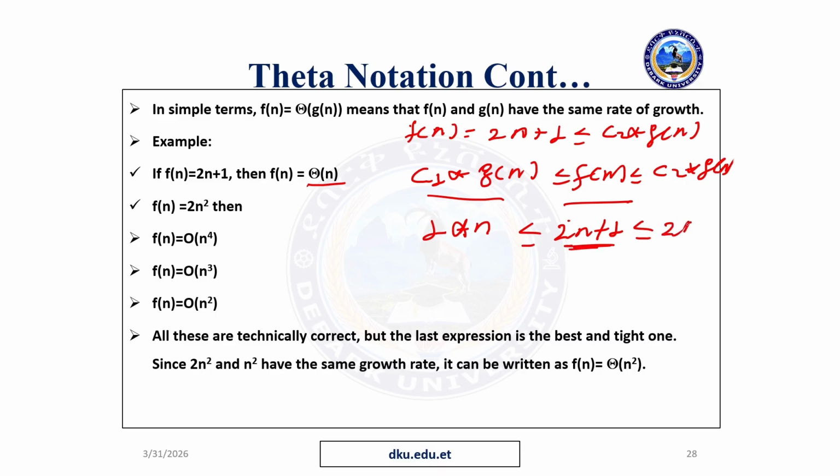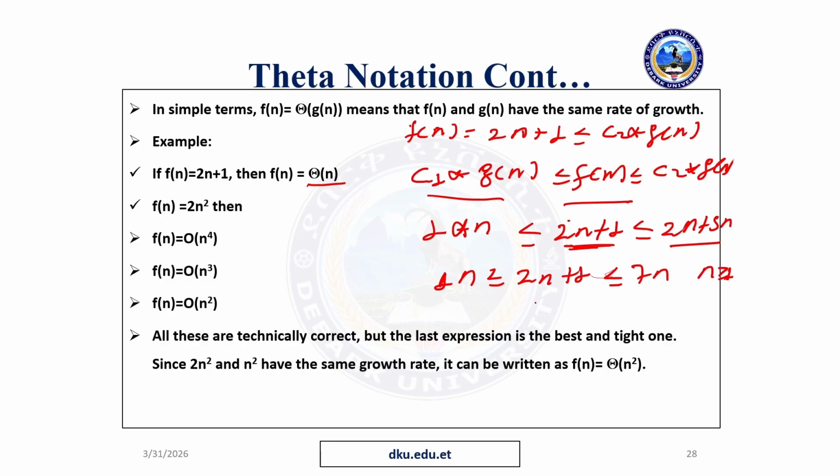So 2n plus 5n, we can consider this one. So 1n less or equal to 2n plus 1 less or equal to 7n. This is true when the value of n is greater than or equal to 1.